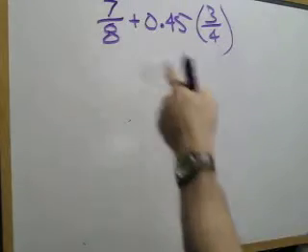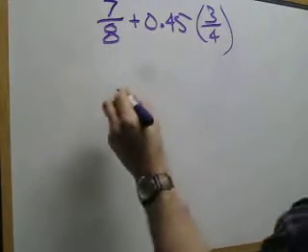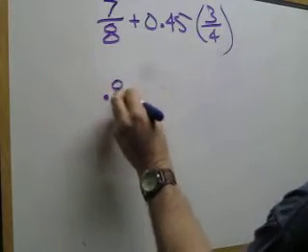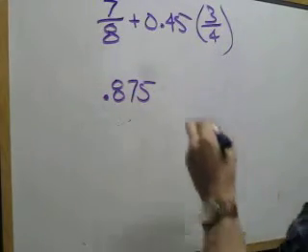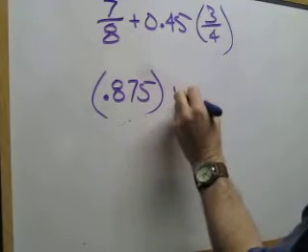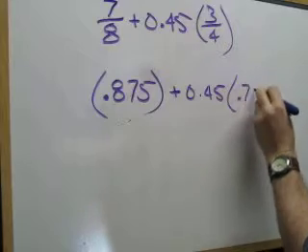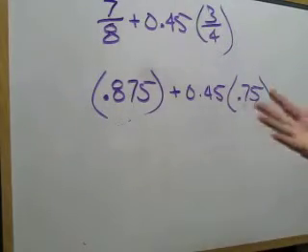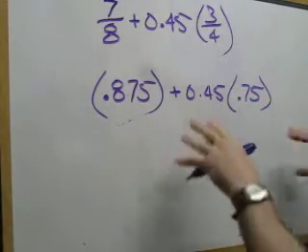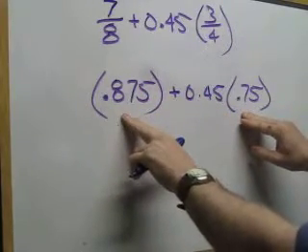Alright, so we're going to change 7/8 to a decimal, and that would be 0.875. It's just one of those crazy things math teachers memorize over the years, some of these fractions as decimals, plus 0.45 times 0.75. So now I'm going to multiply, PEMDAS, do your multiplication first, and then we're going to add 0.875 to that answer.